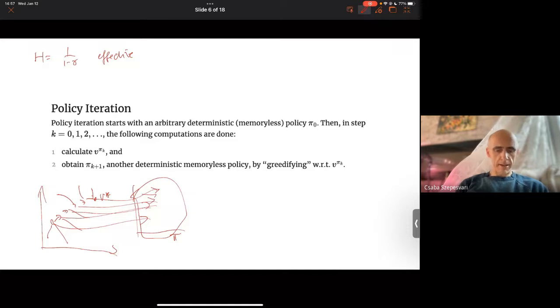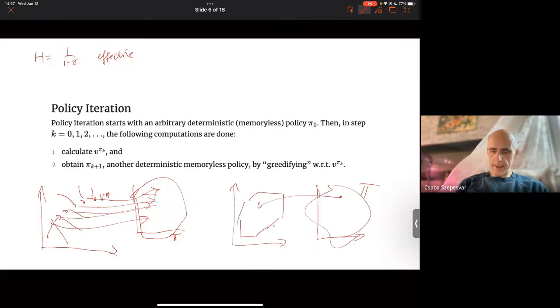And then with policy iteration, it's a slightly different picture. So there is this space of policies. You start with a policy, and then you jump into the value space, and then you greedify.